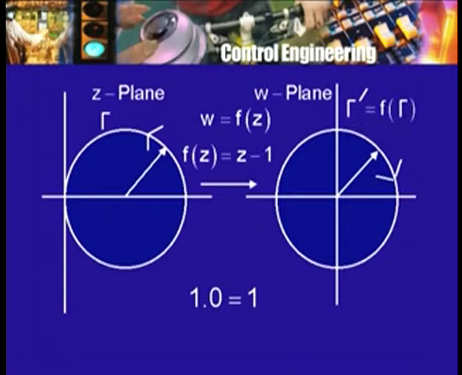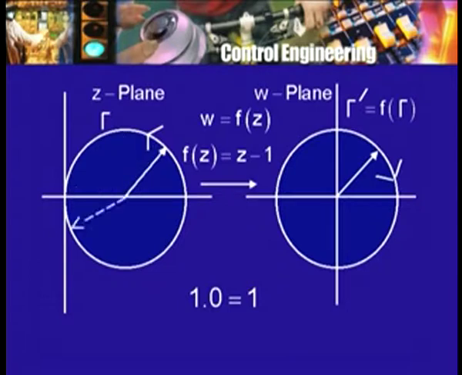Now depending on what the function is, as we trace the contour gamma in the chosen sense, I have chosen the counterclockwise sense, the contour gamma prime may get traversed in the counterclockwise sense or in the clockwise sense. That depends on the function f. For this simple function f equal to z minus 1, it is easy to see that the contour gamma prime will also get traversed in the same sense.